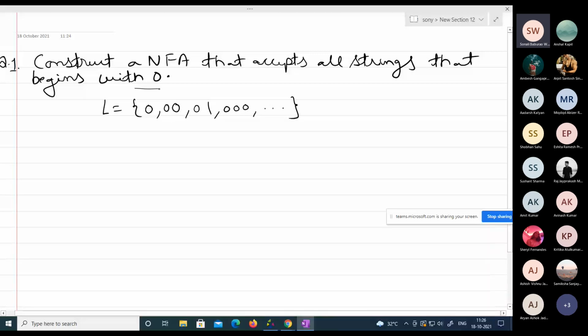It cannot be 10, 11, etc., because it should begin with 0. That is the condition given in the question. So these are the values which should be accepted.